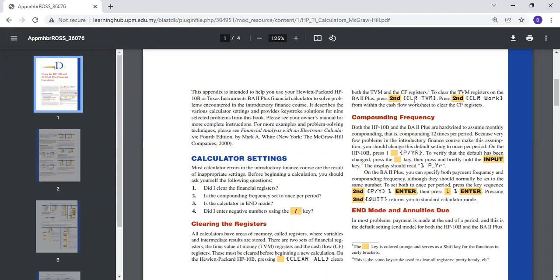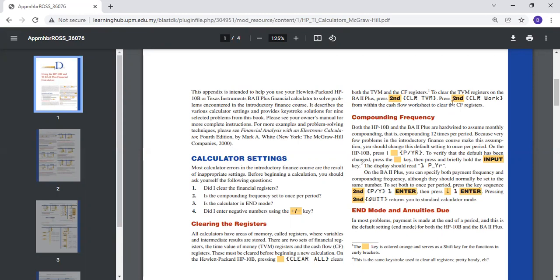Now, to clear time value of money, go to the third row. You will see under the FV, look inside, you will see clear. Can you see it? Clear time value of money, written in yellow. CLR TVM.